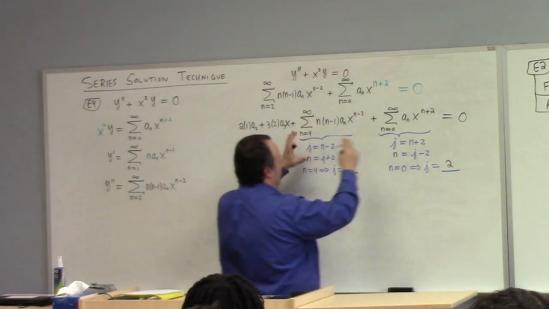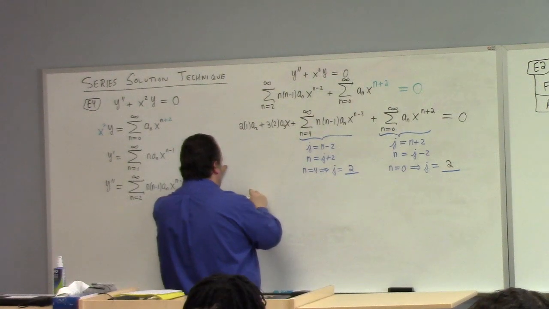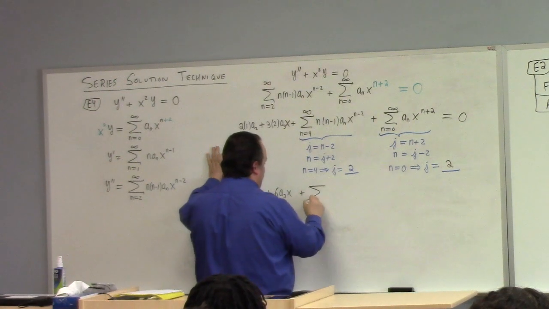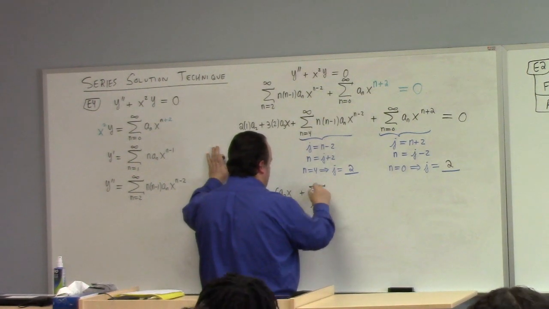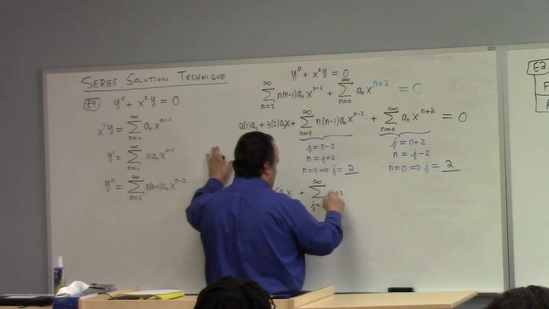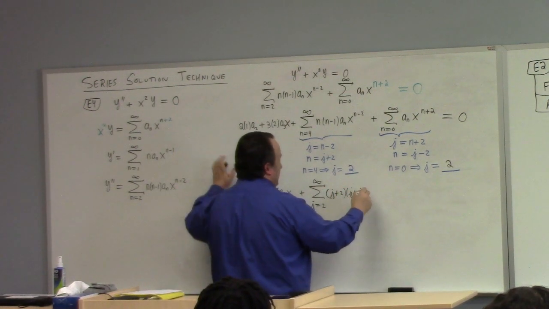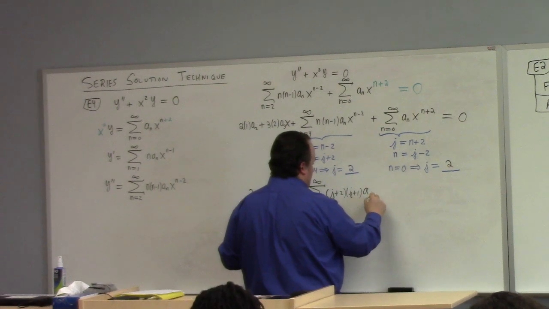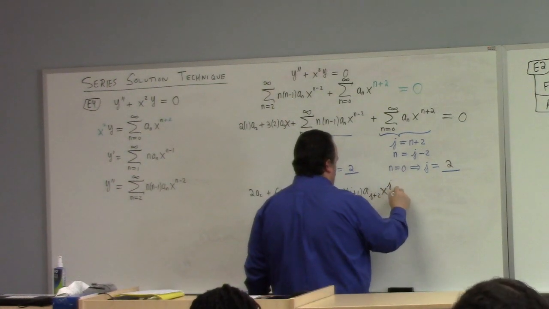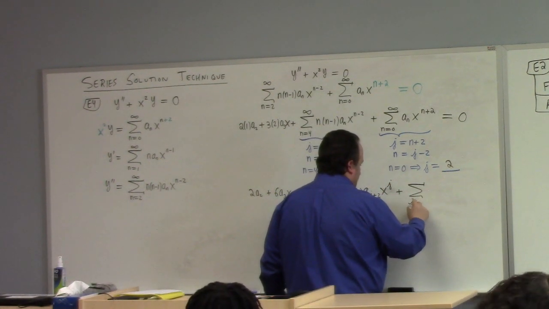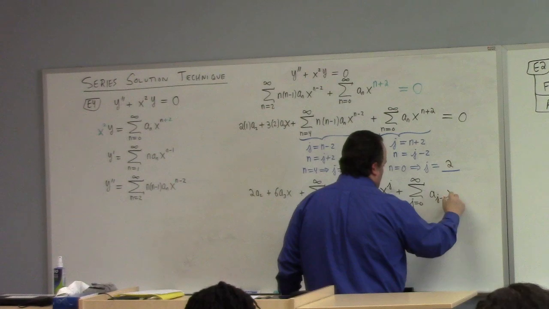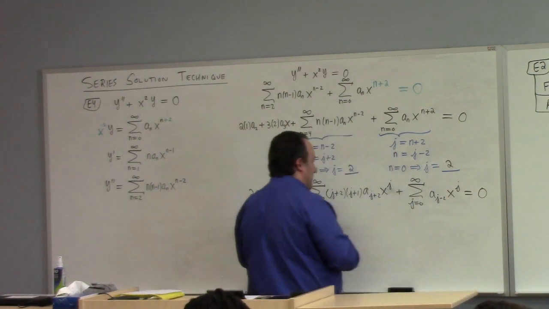Because if I make that substitution, I've got 2a2 plus 6a3x plus the sum j equals 2 to infinity of j plus 2 times j plus 1 times a sub j plus 2 x to the power j, plus the sum j equals 0 to infinity of a sub j minus 2 x to the power j equals 0. And here's the deal.